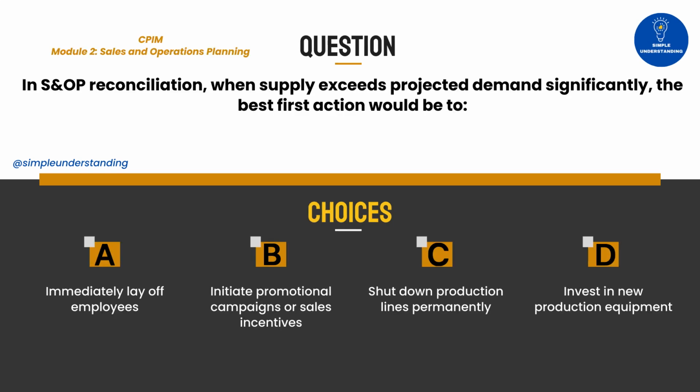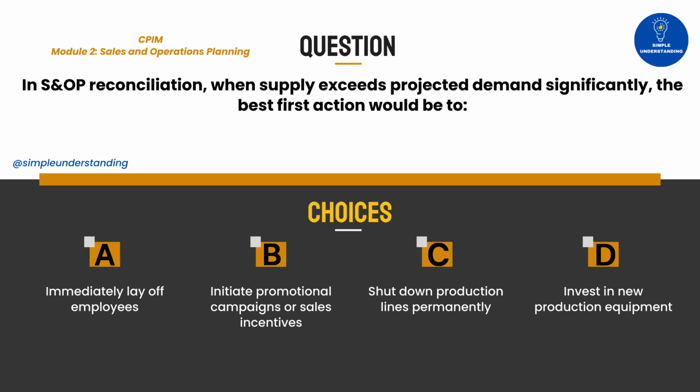Question 8. In S&OP reconciliation, when supply exceeds projected demand significantly, the best first action would be to A. Immediately lay off employees. B. Initiate promotional campaigns or sales incentives. C. Shut down production lines permanently.